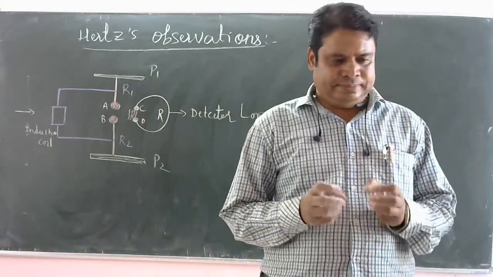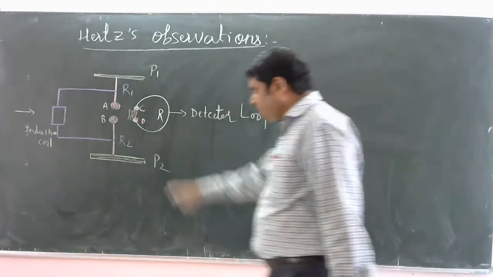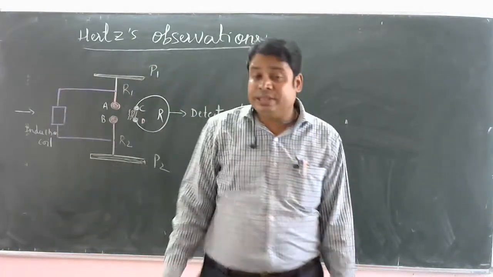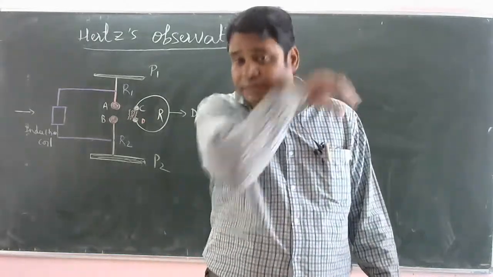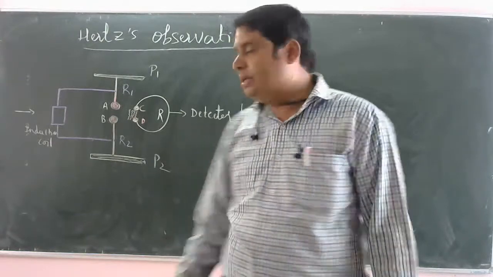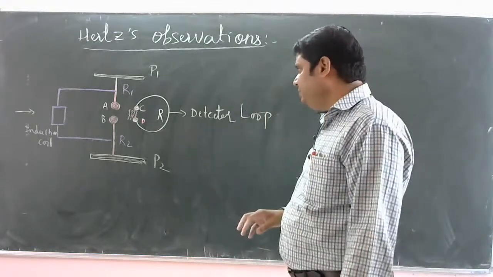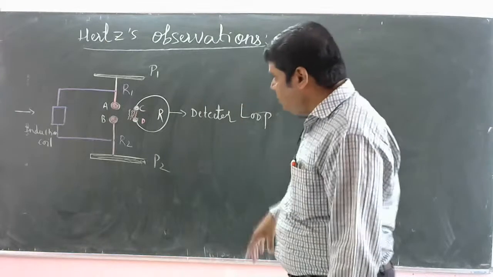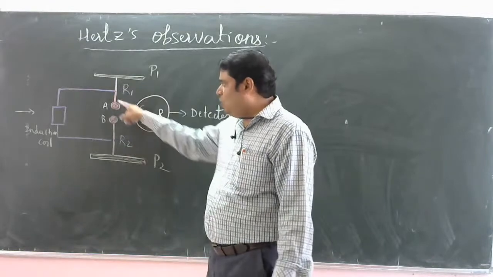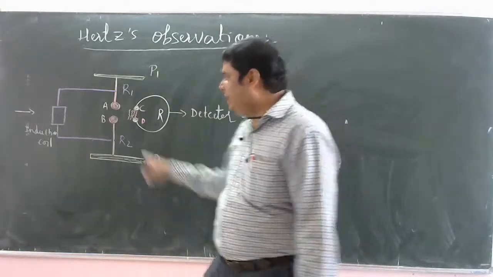Electric sparks were observed. This arrangement was used by Hertz to study the generation and propagation of electromagnetic waves basically. This setup consists of two metal plates, two copper rods R1 and R2, and two polished metallic spheres connected to an induction coil.